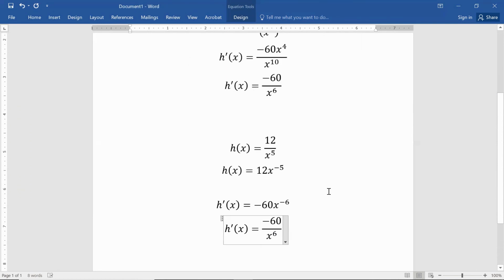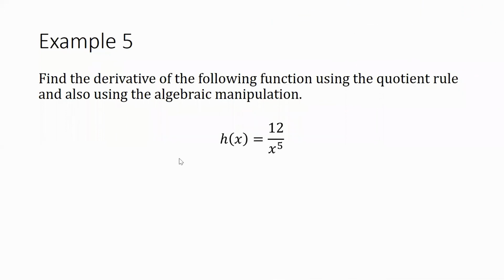We know it should give us negative 60 over x to the 6th, and lo and behold, it does. That means this example shows that the quotient rule works in this example, but if you look in your book, you can see that the quotient rule works for any such example.